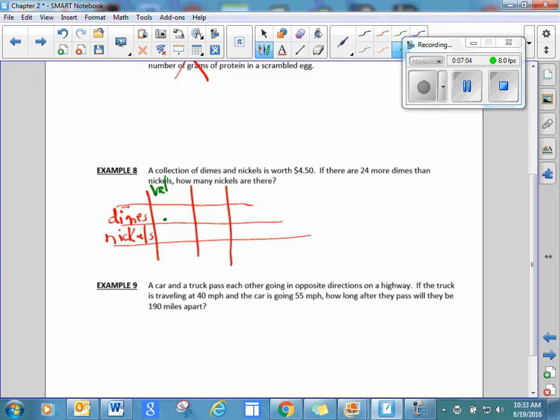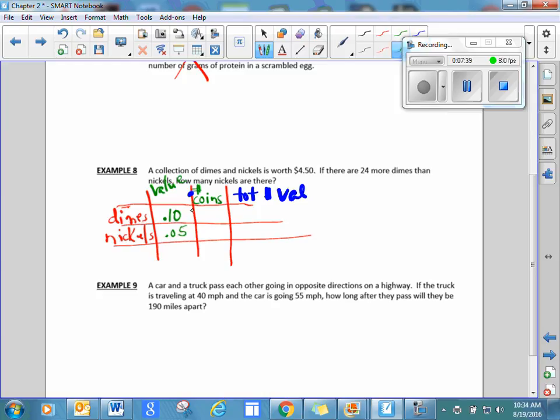So a dime is worth 10 cents and a nickel is worth 5 cents. And this should say value, and this is the number of coins. And of course, when you multiply together the value times the number, you are going to get the total dollar value. I'm making a big mess.